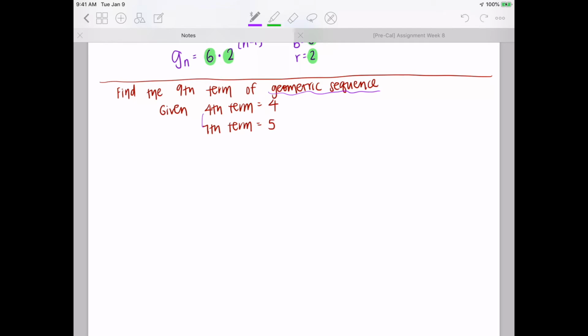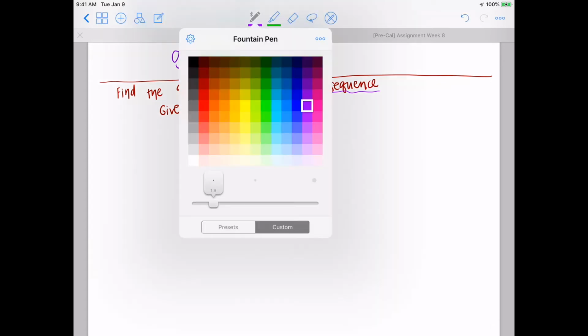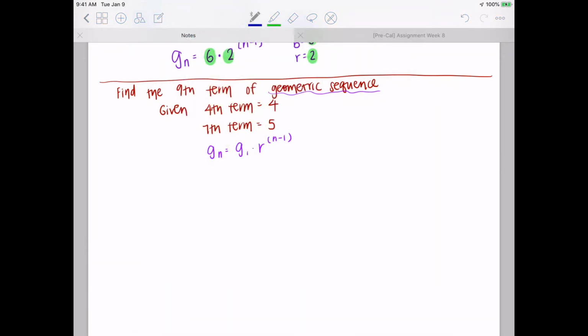Okay, so we have to use a formula, which is g sub n equals g sub 1 times r to the n minus 1. Okay, but we're going to be using this formula a little bit differently because we're not given a first term. So instead of using our first term, we're going to be using our 4th term right here.